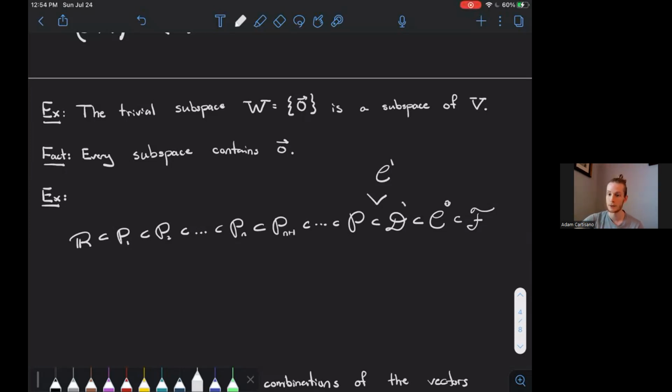D2 is the space of twice differentiable functions. Then C2 is the space of twice differentiable functions whose second derivative is continuous, and so on. And it chain reacts all the way down. And P is a subspace of all of them. It's amazing, right?